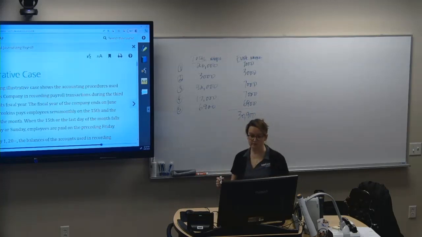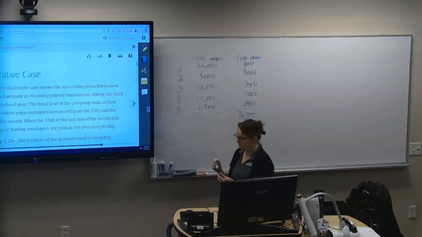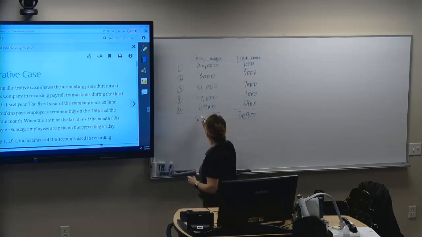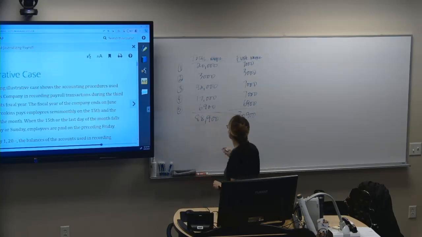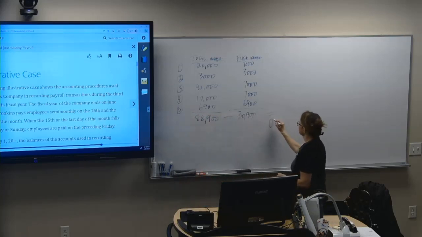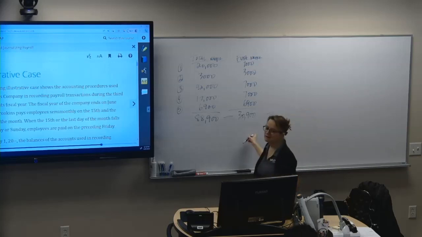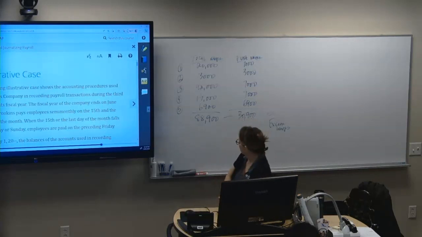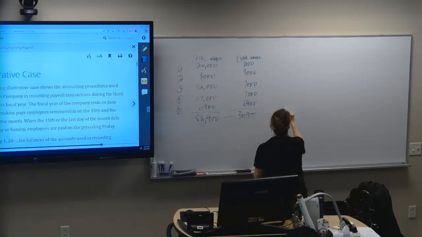These are our FUTA taxable wages. Total wages here, so what do we have? 20, 40, 82, 88,900. The difference between those are the excess wages, the amount over and above the FUTA wages that were paid. So 88,900 minus 30,900, 58,000.